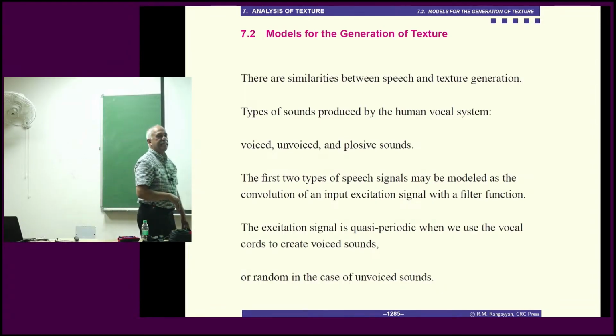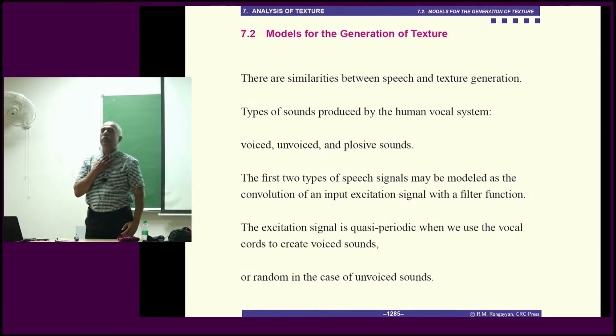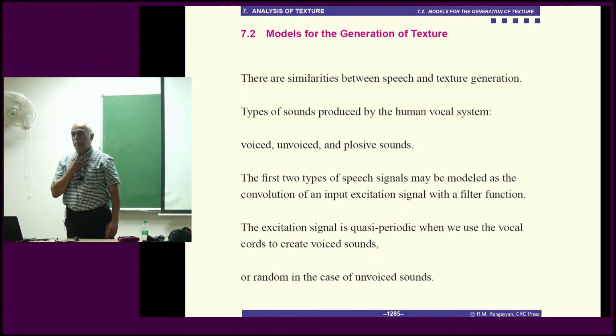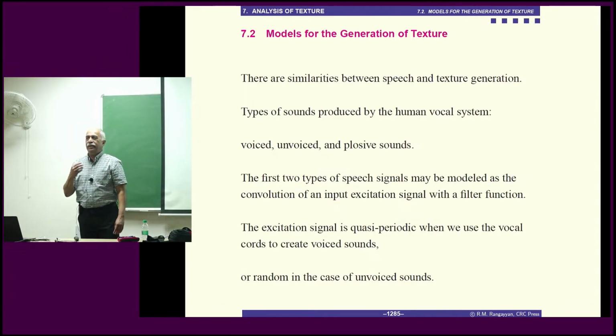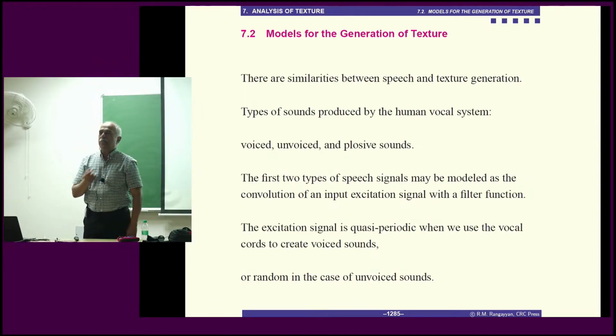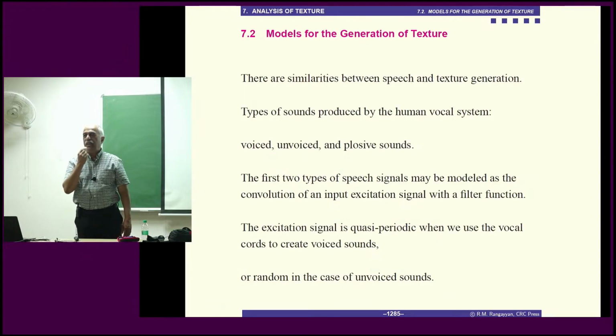When we say s or f, then there is no engagement of the vocal cords. They don't vibrate, the glottis. We are simply pushing air through a constriction like s. The constriction is here. Or f, it's near the lips.